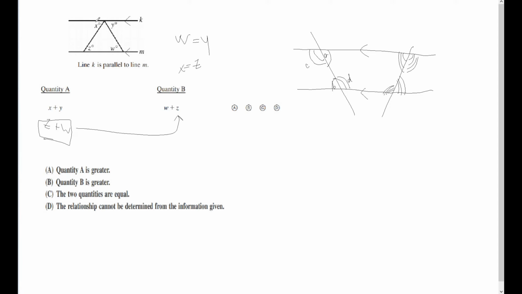The reason why is because you have two parallel lines, and a line going through these parallel lines, creating similar angles like this. Alright, great. So the answer is going to be C. The two quantities are equal.